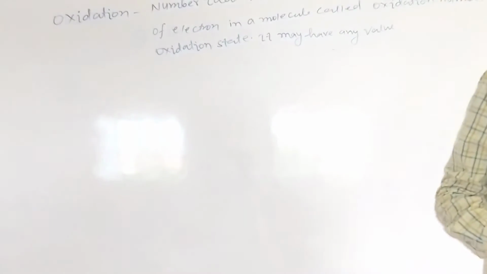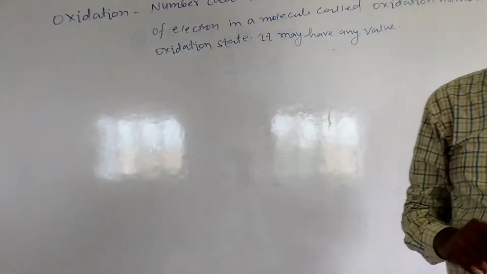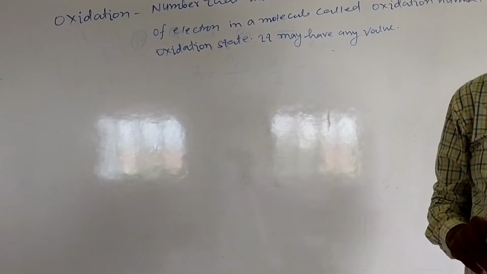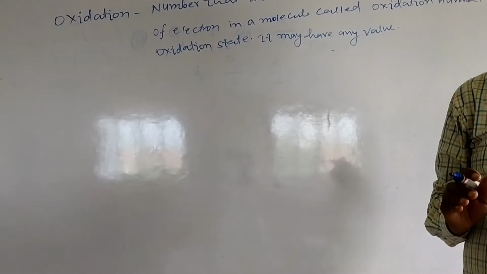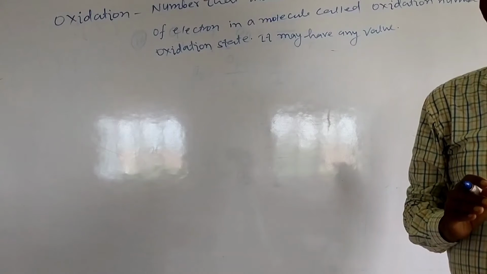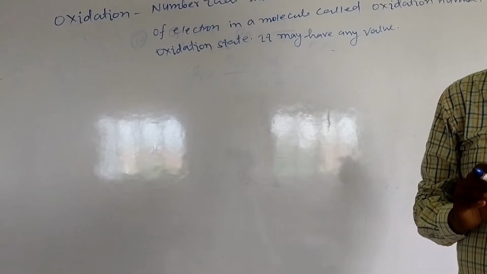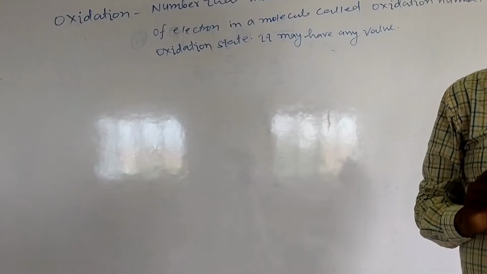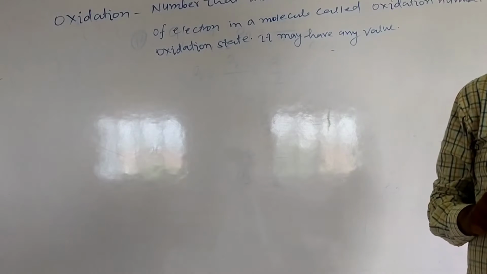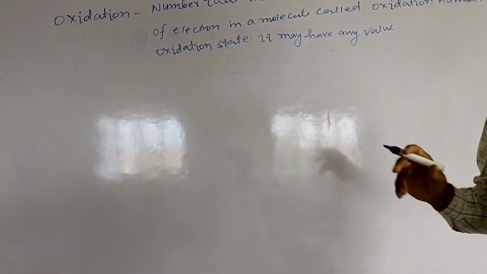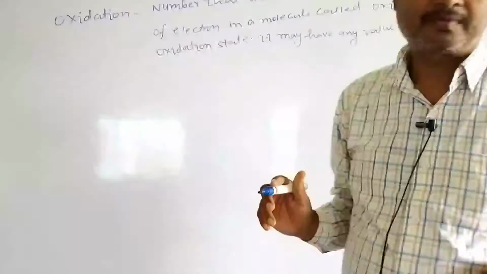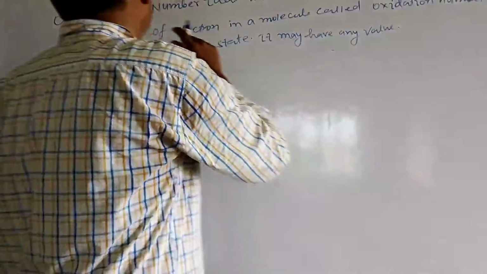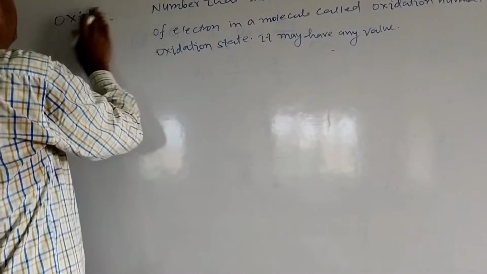Difference between oxidation number and valency: valency may be either positive or negative but in whole number, while oxidation number may have any value.